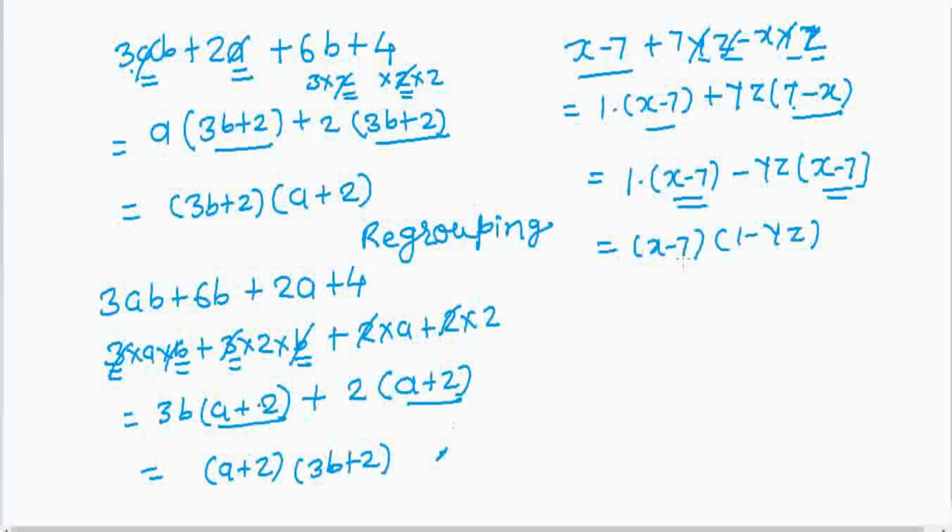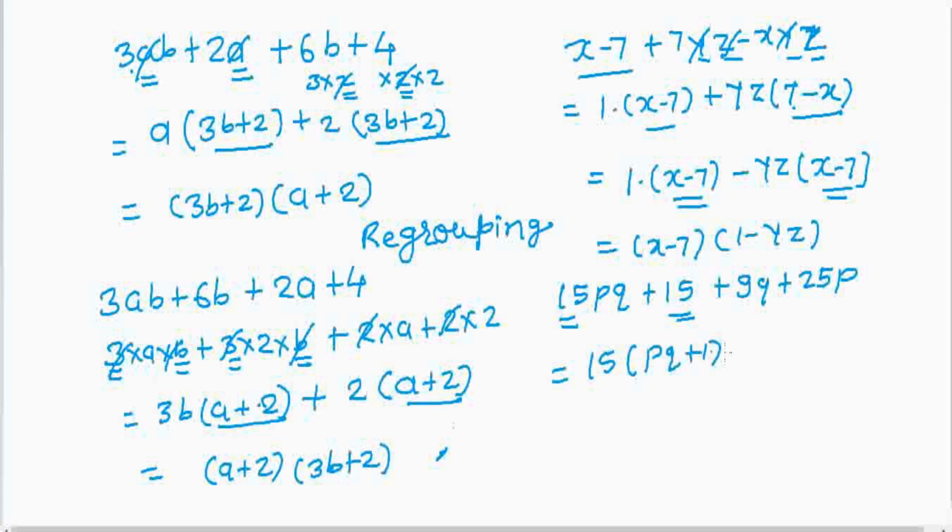Okay, now again if we have another example, suppose 15pq plus 15 plus 9q plus 25p. Here we can take 15 common from these two, and we have 15 into pq plus 1 if we group like this, plus, and for these two terms, what is the factorization of 9?